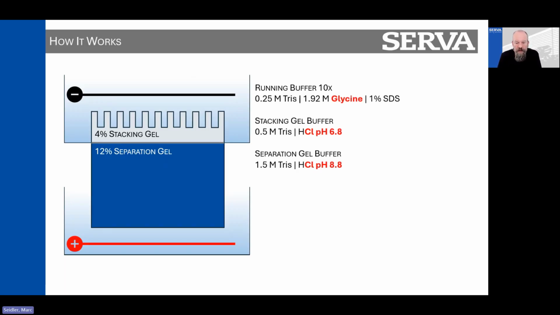So you have a buffer tank at the anode side and the cathode side that is only connected with the gel. I say this exactly because normally in between those buffer tanks there should be no connection. So the only connection for the electrical field is through the gel, not around the gel.